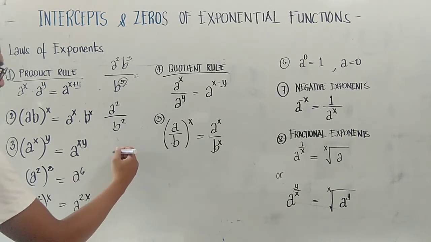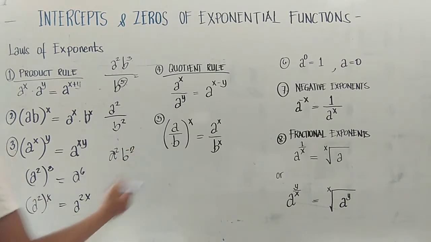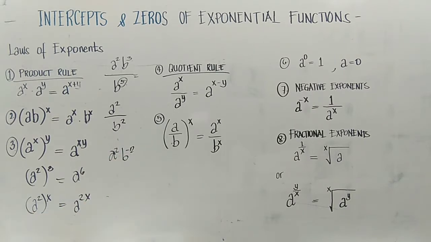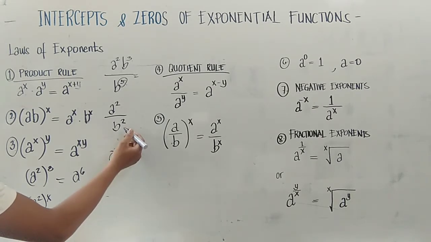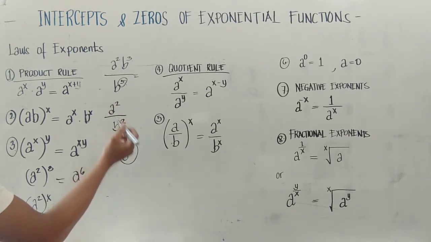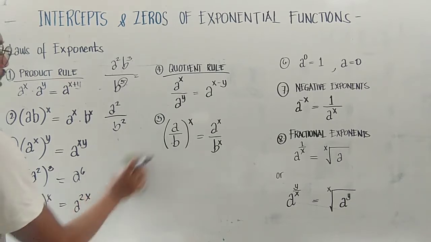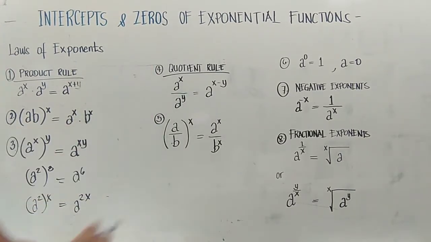If we write it using the numerator alone, we will have a squared times b raised to negative 2. To make this positive, we will write it in the denominator. Okay? So I guess we are clear on that. Again, this is just a review.